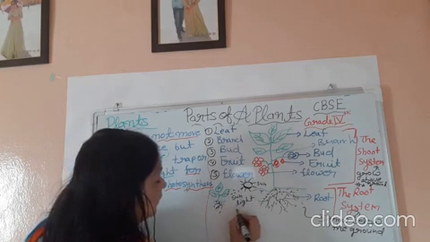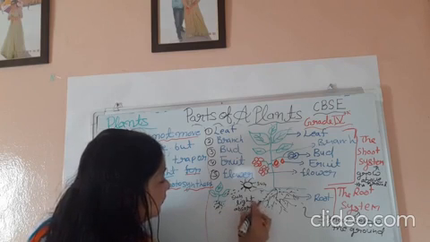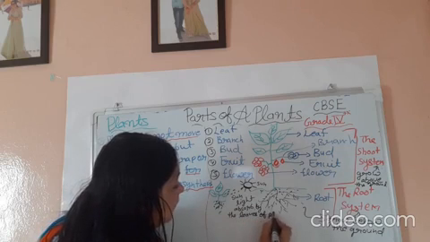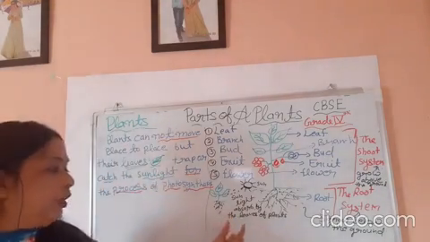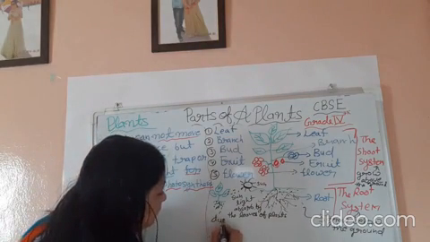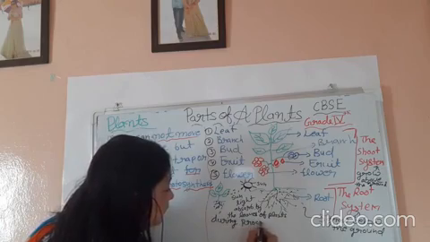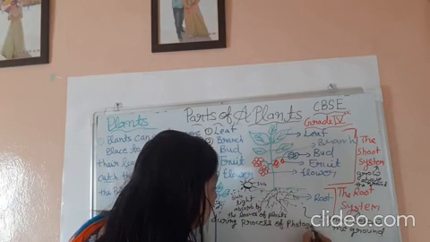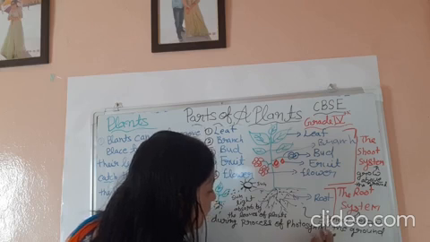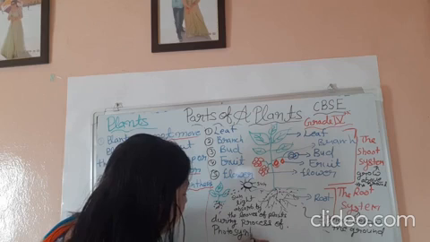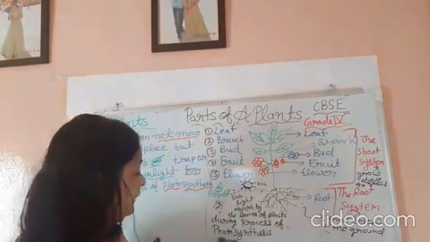Sunlight is absorbed by the leaves of plants during the process of photosynthesis. So this is a very brief description.